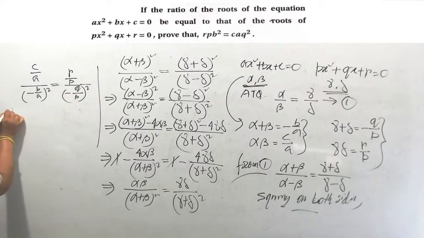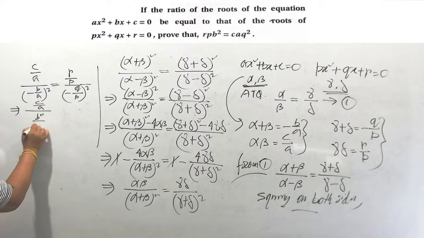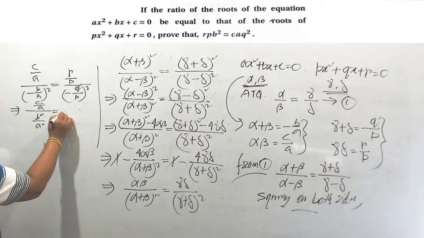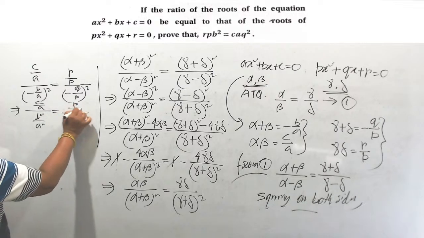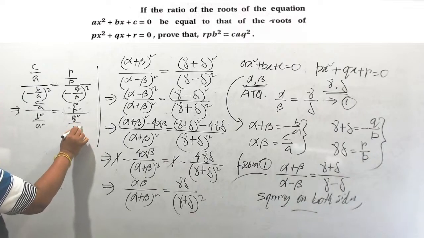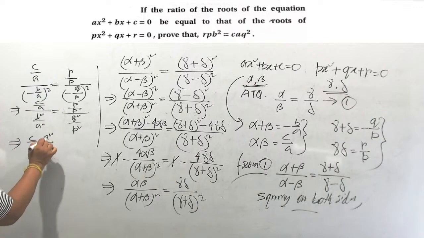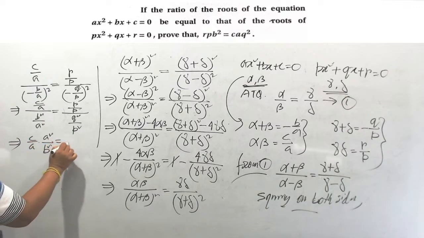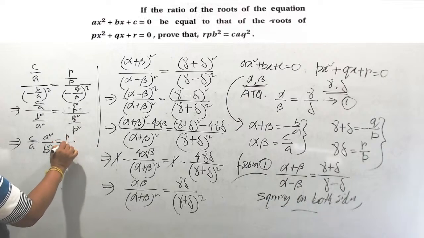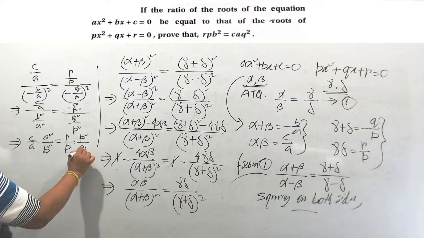Now simplify. This implies c by a into a square by b square equals r by p into p square by q square.